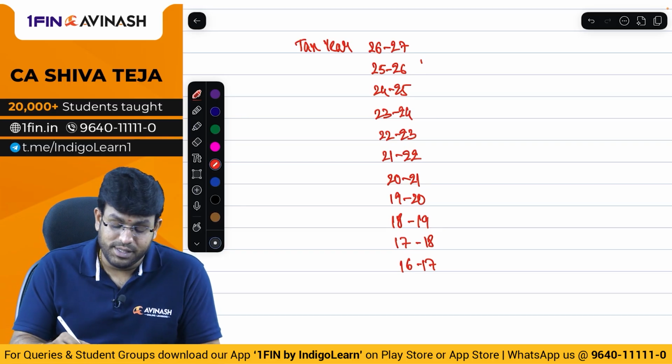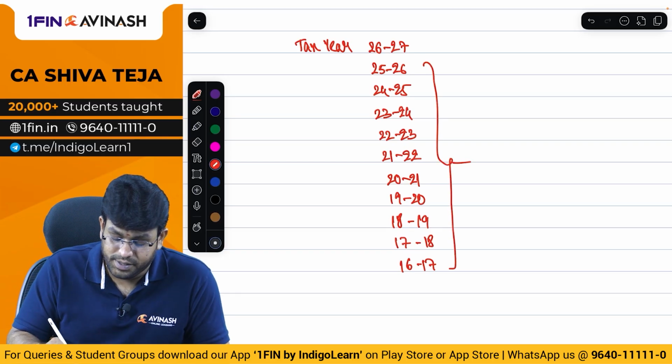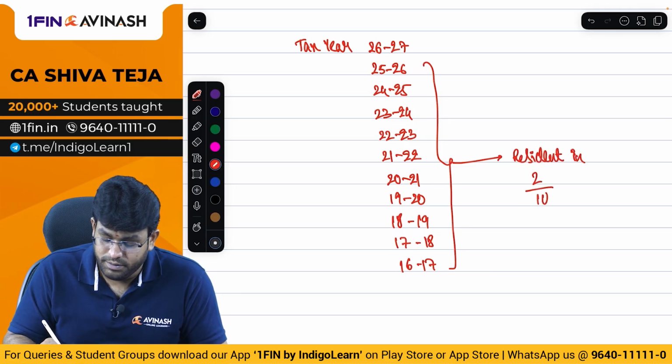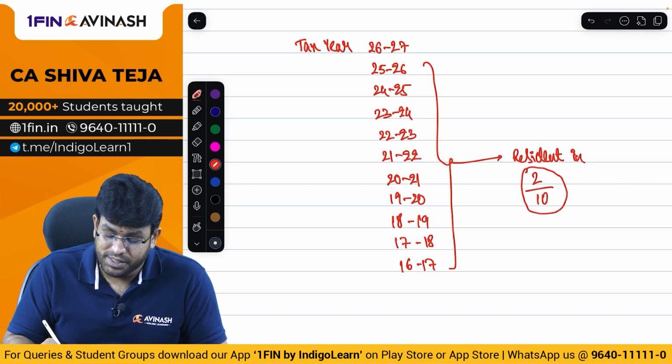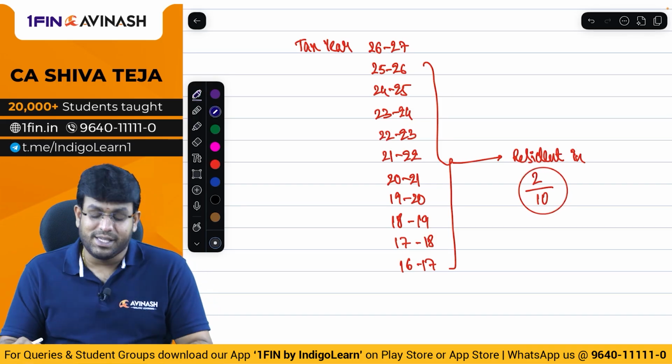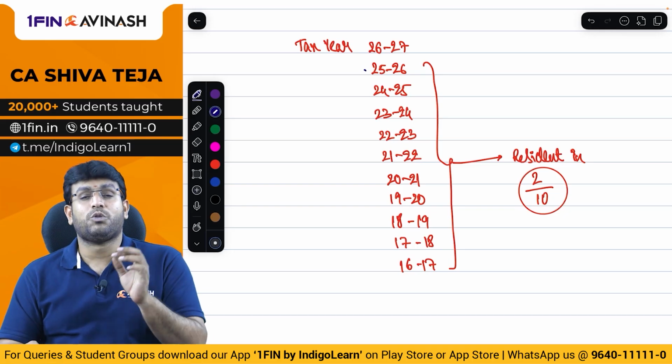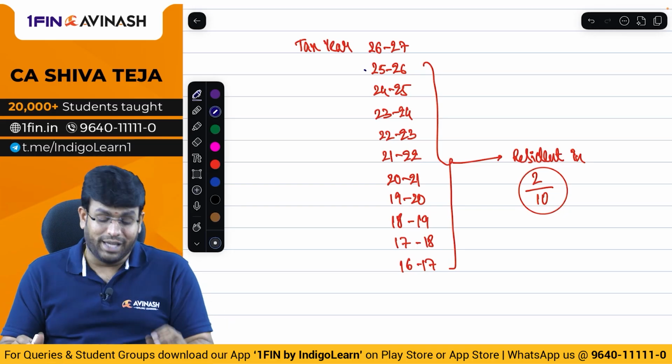Now the point here is that in these 10 years, he must be a resident in at least 2 out of 10. And how will he be resident? Obviously, by satisfying any one of the basic conditions. He must be resident in at least 2 out of 10 years preceding the tax year.